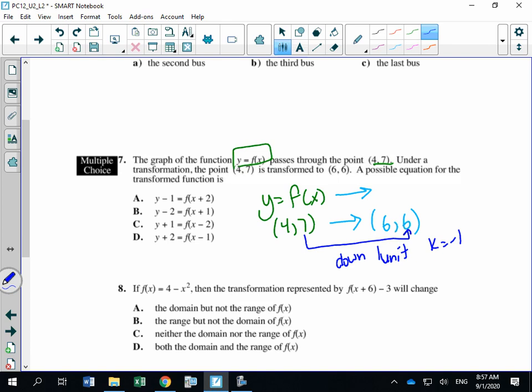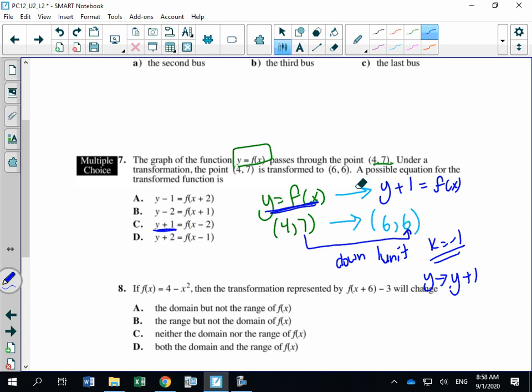So in order to get a k value of negative 1, the replacement is y is going to be replaced with y plus 1. Okay, so if this is my original graph, it's going to be replaced with y plus 1 is equal to f of x. Because then if I subtract 1 from both sides, I'm going to get y going down 1, right?